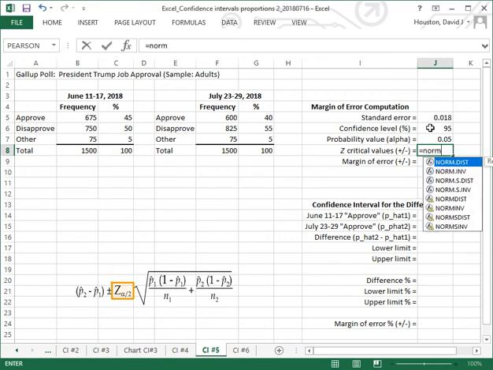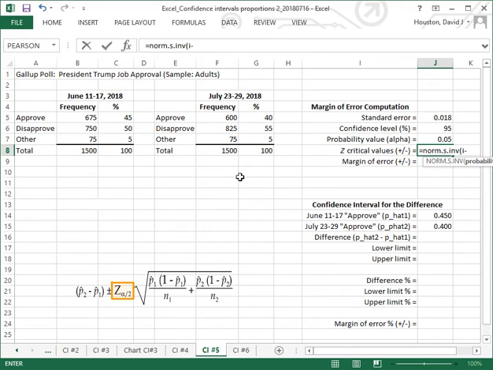We'll use the NORM.S.INV function in Excel. We take 1 minus the probability value and divide that by 2, because confidence intervals always are two tails, and we get plus and minus 1.96 for the critical values.